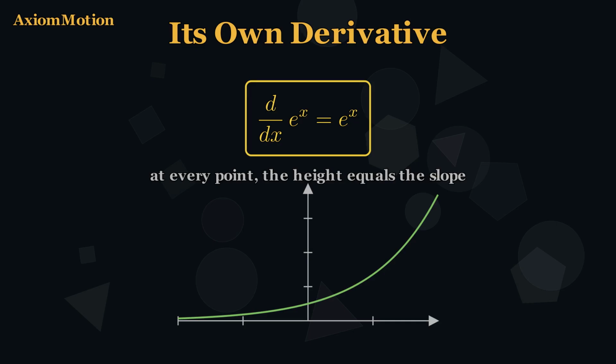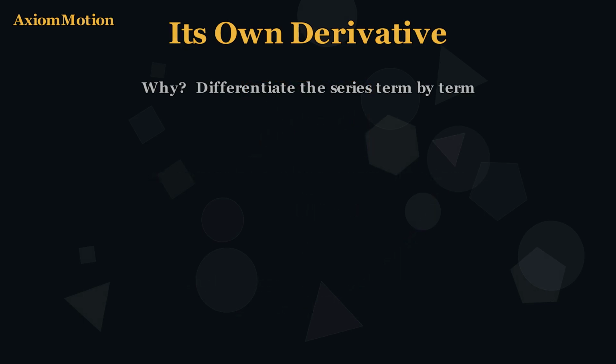So at every single point on this graph, the height of the curve and its steepness are the exact same number. At x equals 0, the height is 1, and the slope is 1. At x equals 1, the height is e, and the slope is also e. The function literally grows at the rate of its own value. Why should this be true? The cleanest way to see it is through the series.